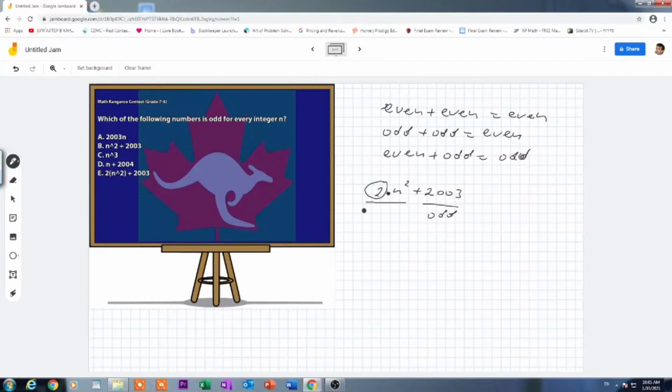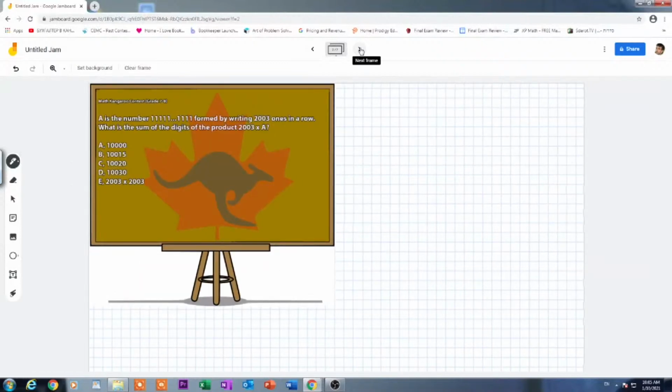Any number multiplied by 2 will get even result. So this always will be even. So even plus odd will be odd. Right? So we always get odd result. So the correct answer is E. Next question.